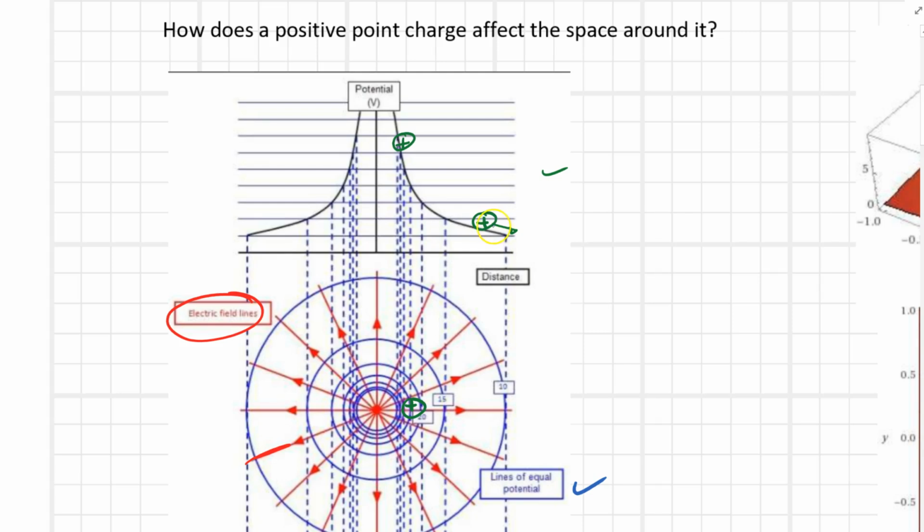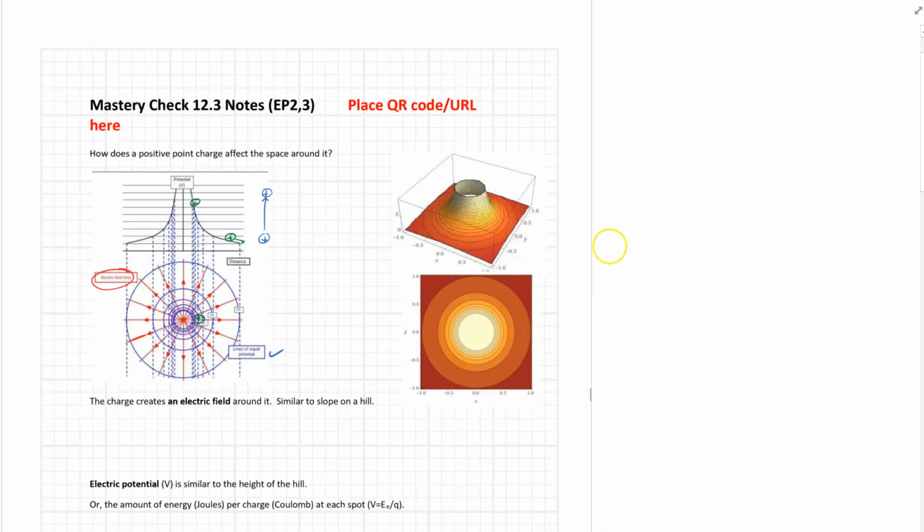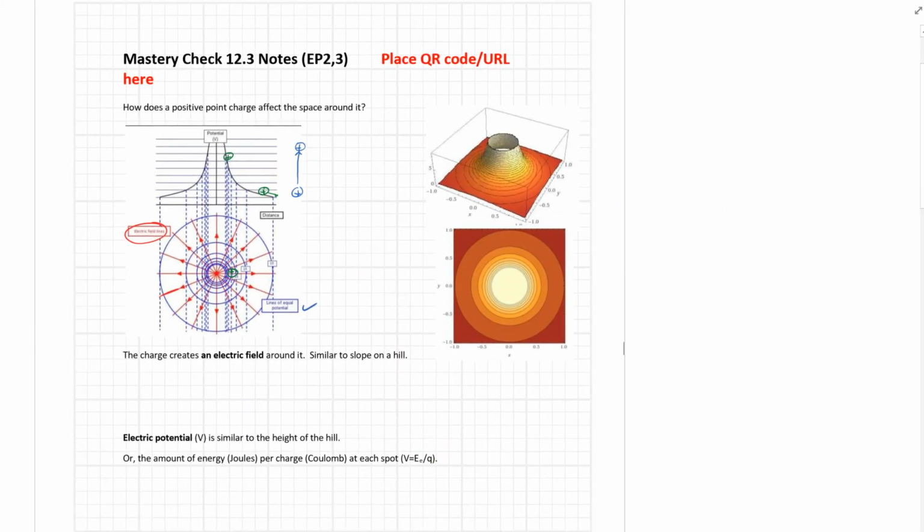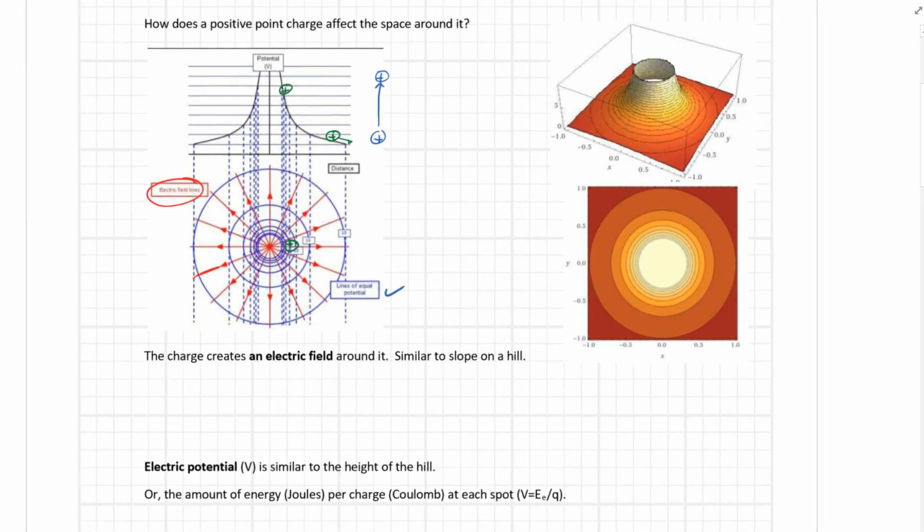So moving this positive charge from here to here, you can imagine I'm storing energy, because to move it to a higher location like that would take effort, as I would be pushing it to a higher location.